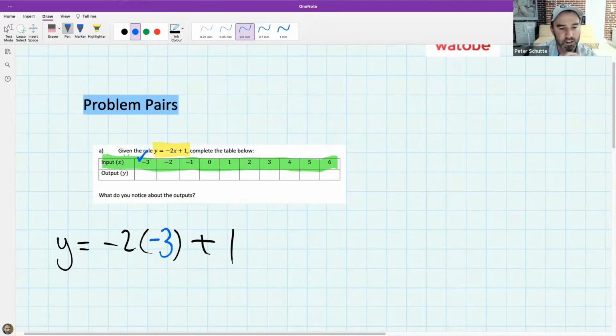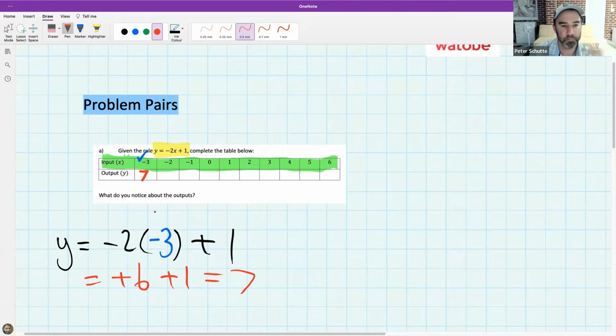What is a little bit tricky is that I need to calculate the y value, which is the output, and that requires me to multiply minus 2 by minus 3. A lot of students get caught by this because a negative times a negative is going to be plus 6. But then I've got the plus 1 here, and so I get 7. And so the output that goes with the input of minus 3 is going to be 7.